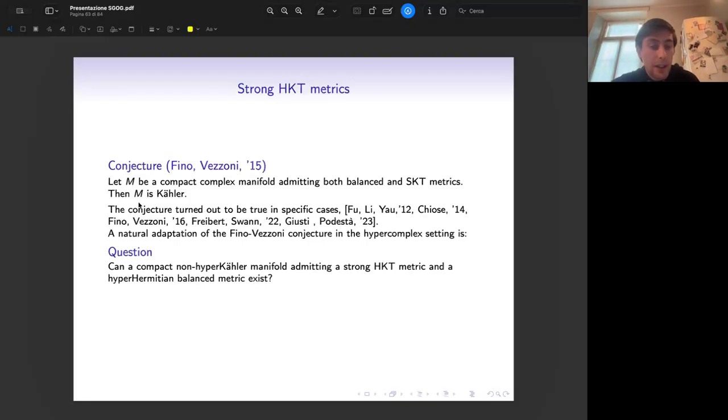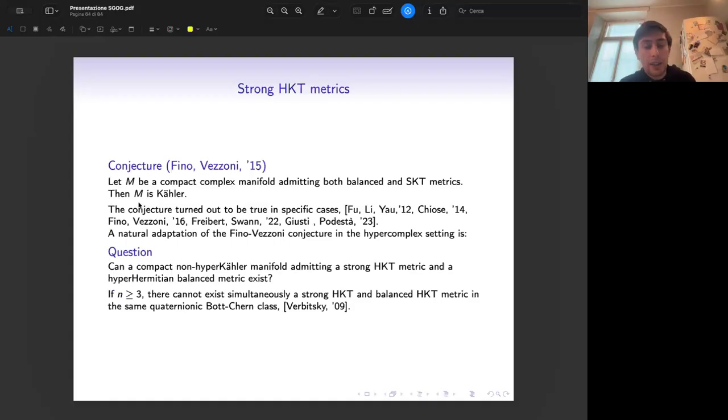Let me say that the only instance where this was proved to be impossible is due to Verbitsky, who proves that in at least 3 quaternionic dimensions, both a strong HKT metric and a balanced HKT metric cannot coexist in the same quaternionic Bott-Chern class.